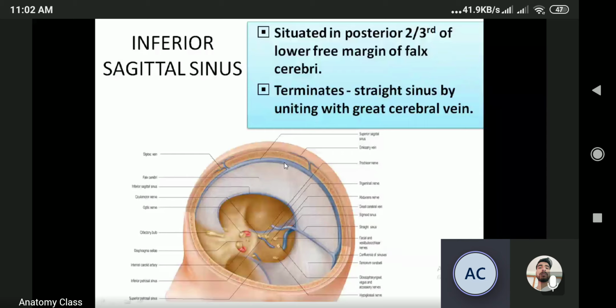Here is the superior sagittal sinus at the superior margin of the falx cerebri. This is the falx cerebri, and towards the inferior margin, particularly the posterior two-thirds of the lower free margin of the falx cerebri, is the location of the inferior sagittal sinus.